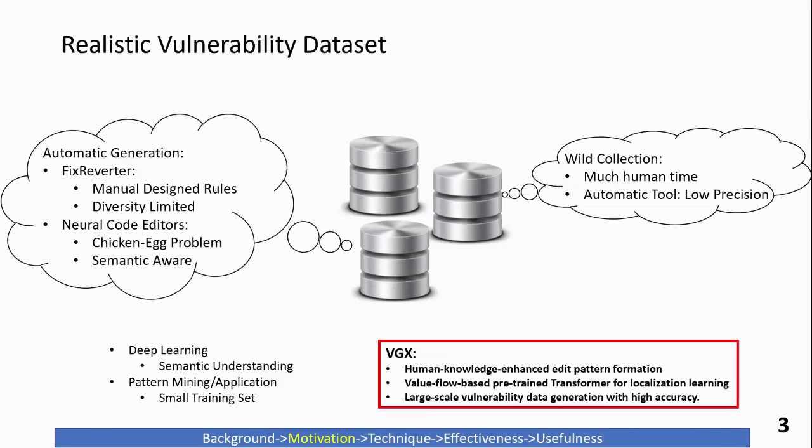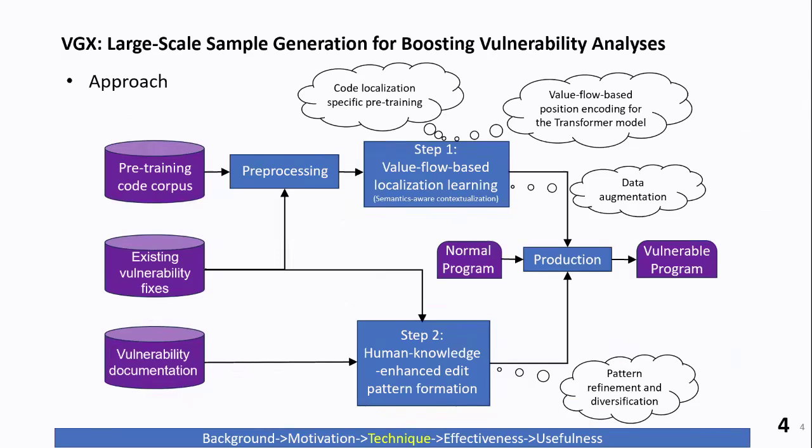So we combine deep learning and pattern mining. This is the high-level idea: we use deep learning to learn the localization, and then we use the patterns to inject the vulnerability.